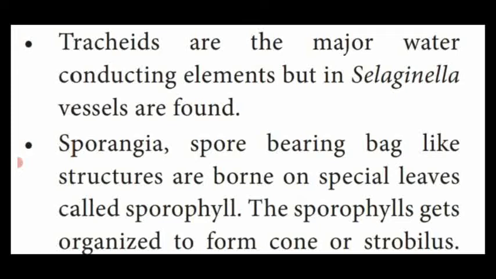That one you already studied in 9th standard. Xylem is divided into xylem tracheids, xylem vessel, xylem parenchyma and xylem fiber. Likewise, phloem is differentiated into sieve cell, companion cell, phloem parenchyma and phloem fiber.